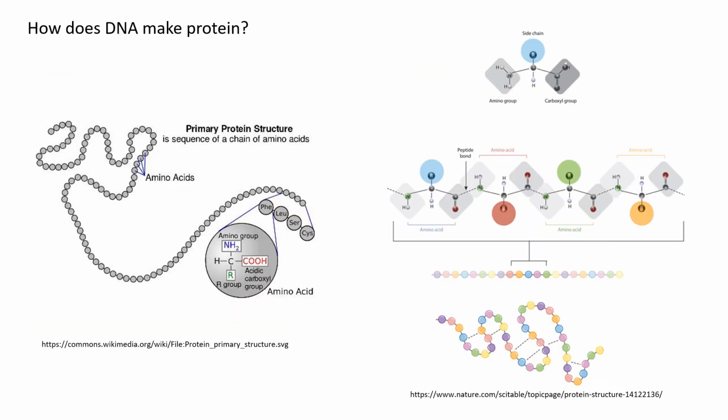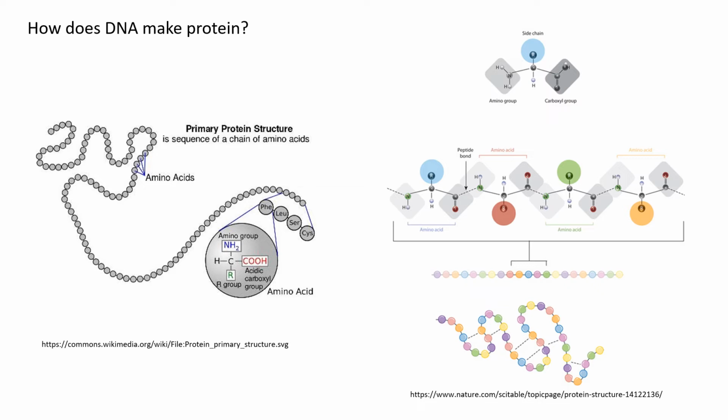Okay, so we said we would look at two main functions of DNA. One is DNA's ability to replicate itself for our cells dividing in our bodies and for passing on genetic information to the next generation, and we have covered that. The next important aspect is, how does DNA make protein?